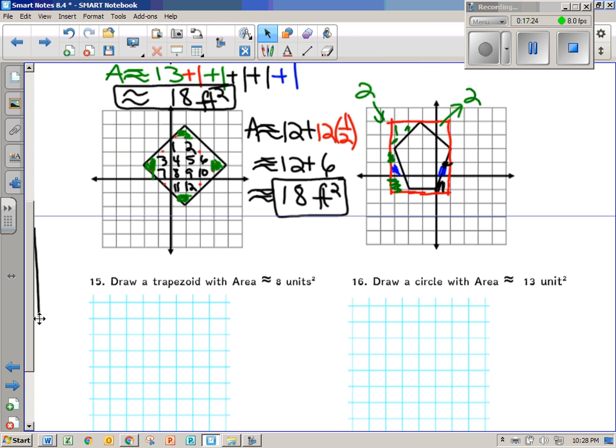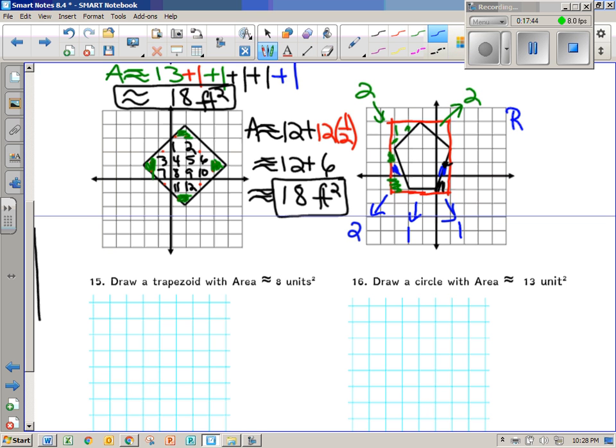So the ones I've shaded in all together in this corner, I had the 2 green, and then the 2 blue went together for 1, and then the 2 black went together for 1. So those are all the ones I want to take away.